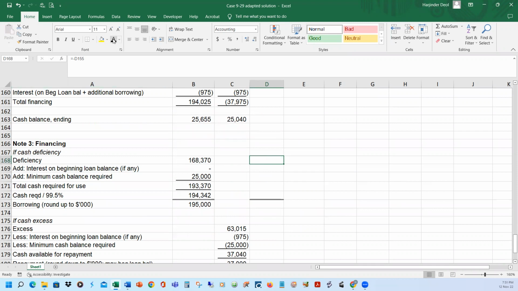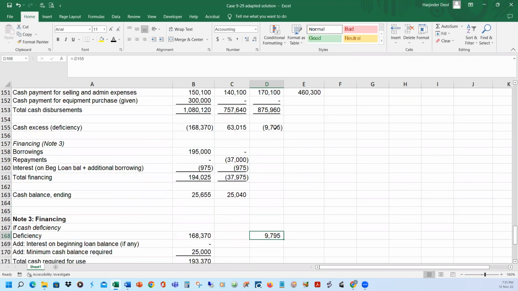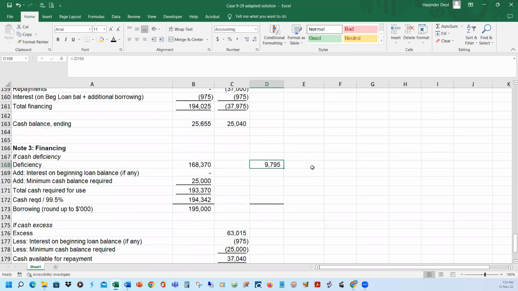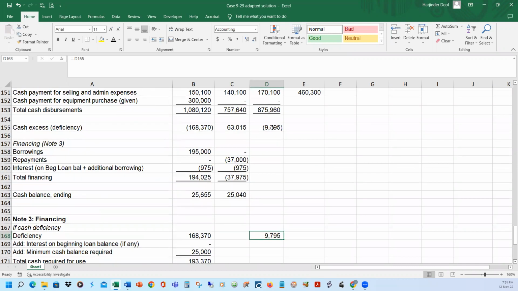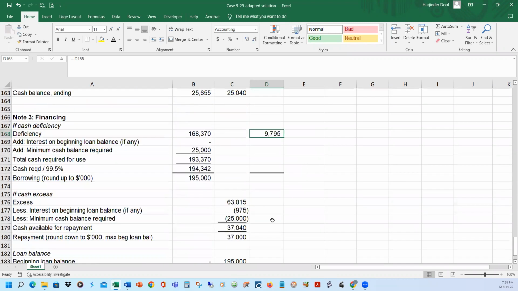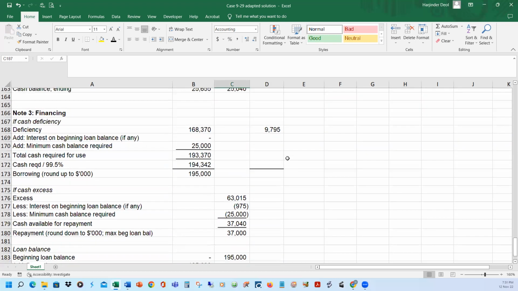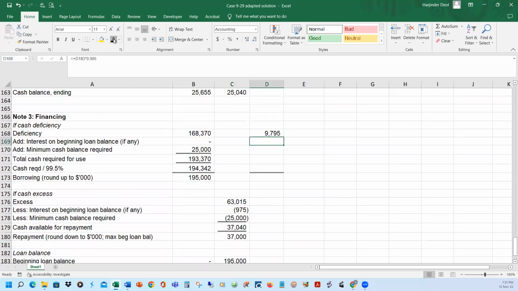Here, we start with the deficiency, that's $9,795. That's how much we need to borrow to just wipe out our negative cash balance. We do have a beginning loan amount of $158,000 that's brought forward from February. And recall, we have to pay interest at 0.5%.